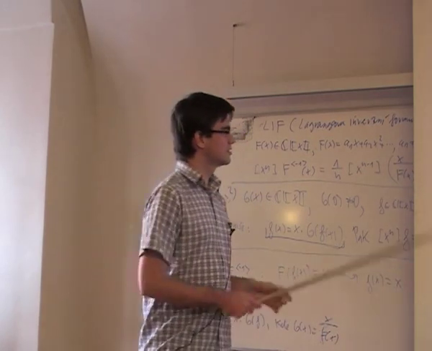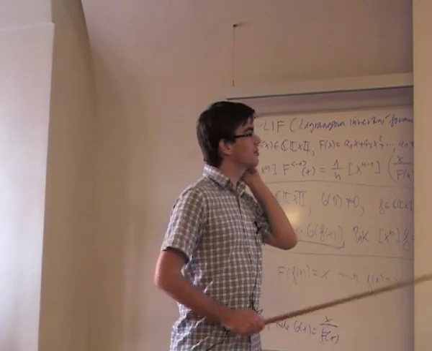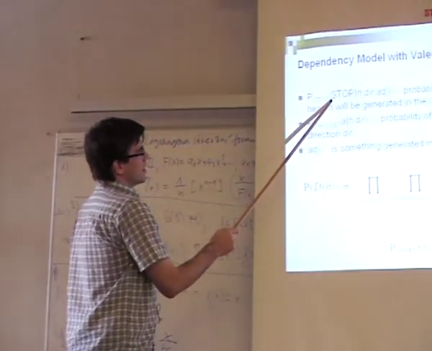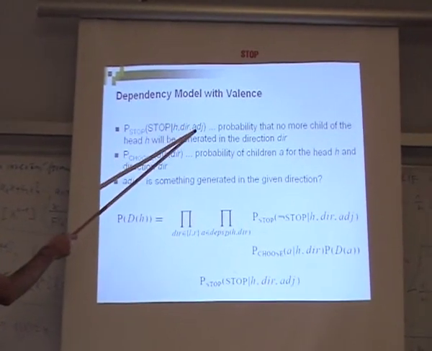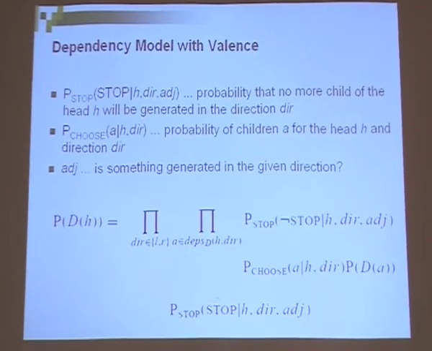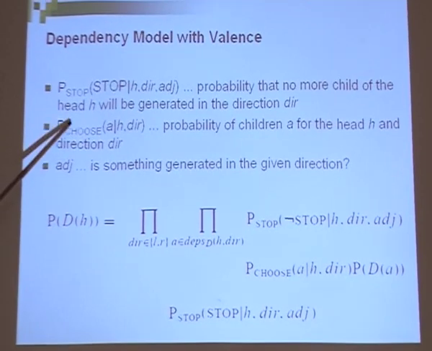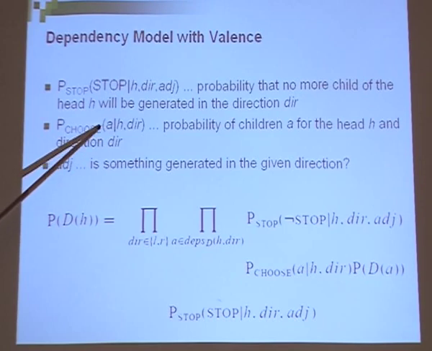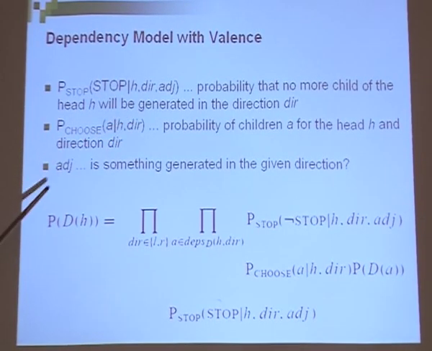So this is the description of the dependency model with valence, where there is the probability of stop given the part-of-speech tag of the head, the direction from the head, and adjacency, whether it is the first child in this direction or another child. And P choose is the probability of generating A, which is a part-of-speech tag of the child, given the part-of-speech tag of the head and the direction.